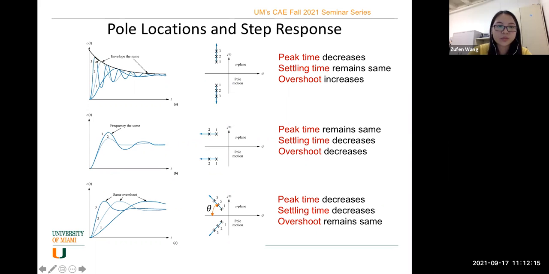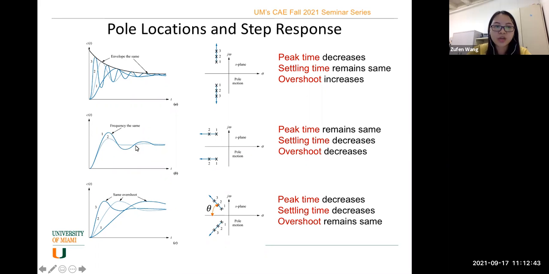Here you can see at point 3, the peak time is shorter, and the settling time remains the same, and its overshoot will also increase at point 3. And if the closed loop poles have the same imaginary part with the real part moving to the left, then the peak time will remain the same, but the settling time will decrease.